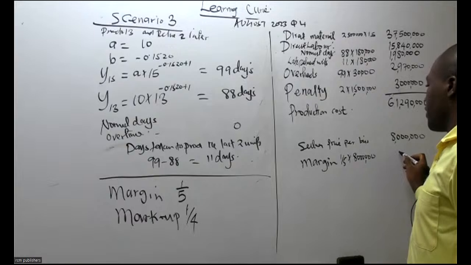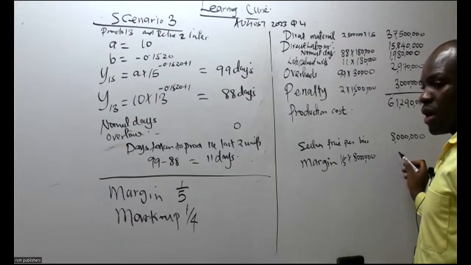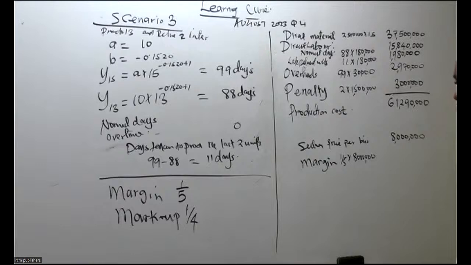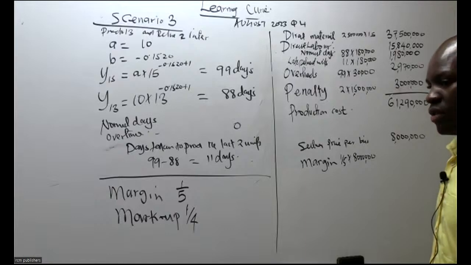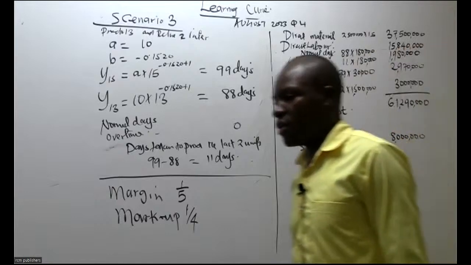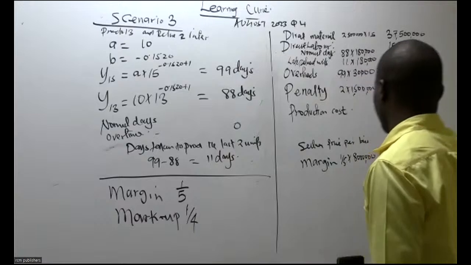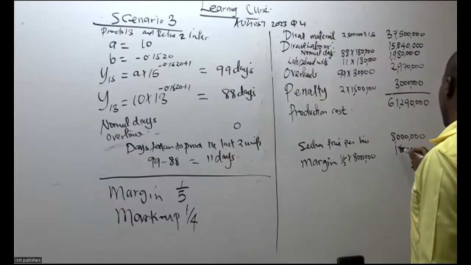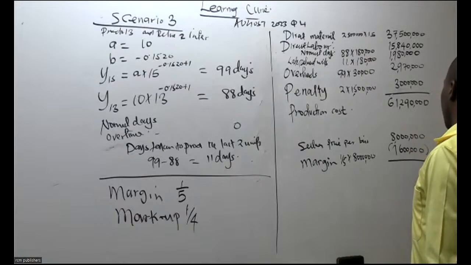Or 20% of 8 million ni ngapi? 1,600,000. Ukitoa hiyo unapata ngapi?